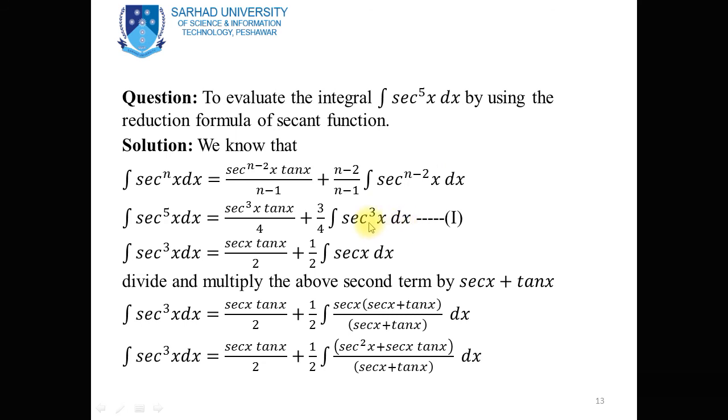And the integration of secant cube x with respect to x, by using the reduction formula, we have secant x into tangent x divided by 2 plus 1 over 2 into the integration of secant x with respect to x.